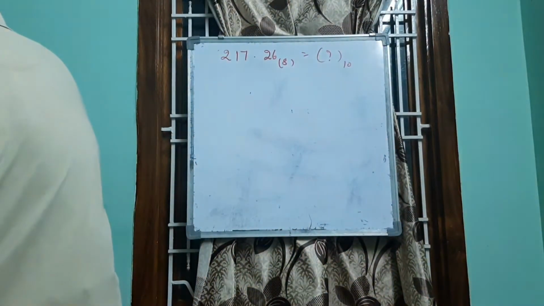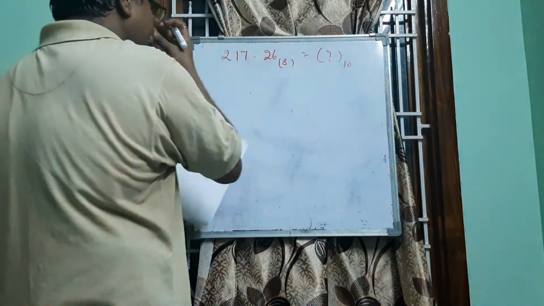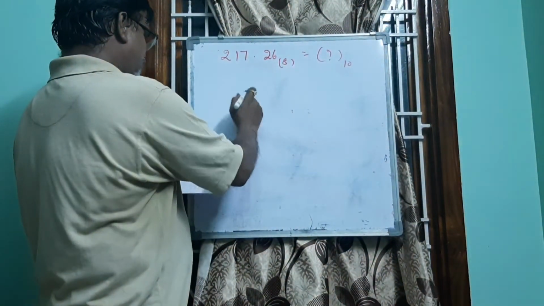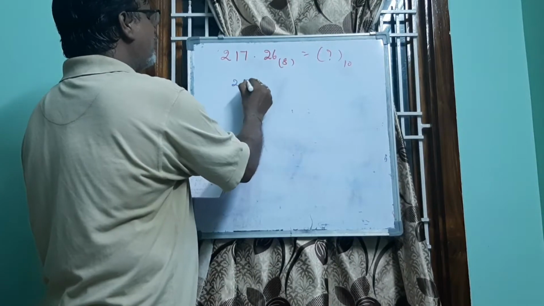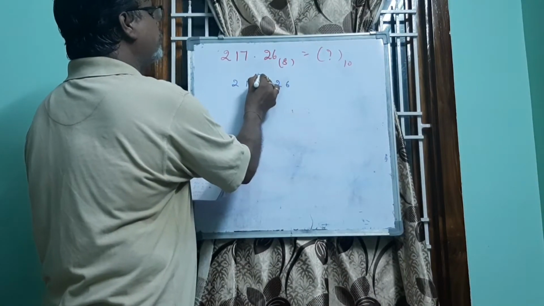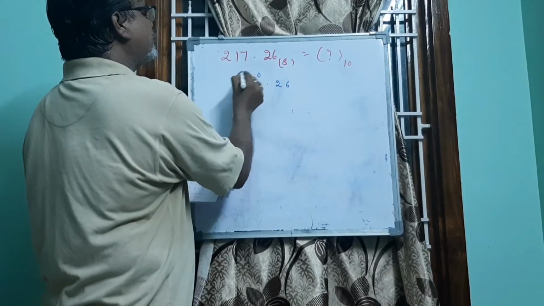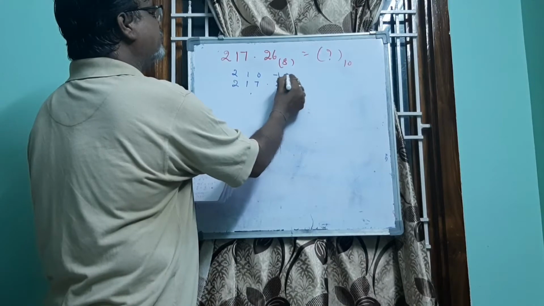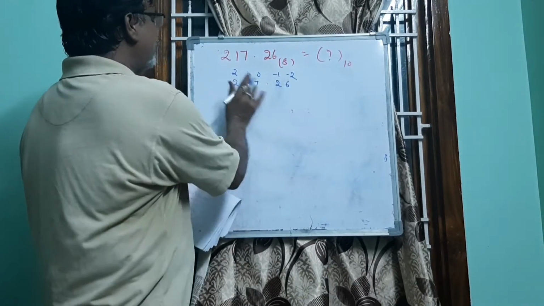In 217.26, the positions are 0, 1, 2 for the integer part. Then on the fraction side, it is -1, -2.